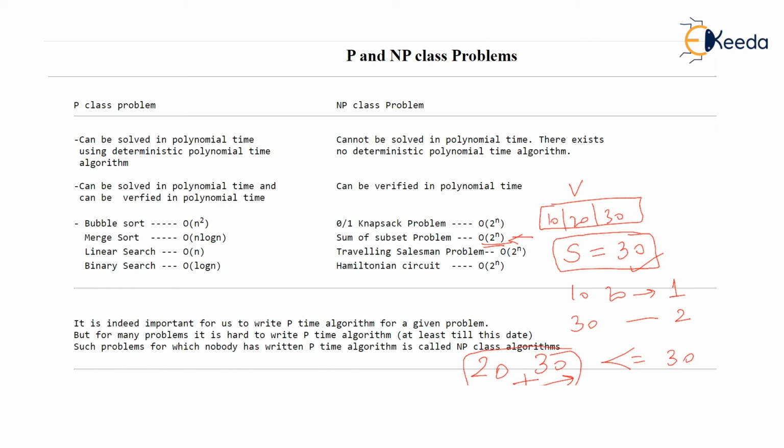If n values are given, we simply add them and check whether it really sums up to 30 or some quantity. So verification can be done in polynomial time for the sum of subset problem. Then the sum of subset problem cannot be solved in polynomial time, but it can be verified in polynomial time. Hence, sum of subset is an NP class problem.